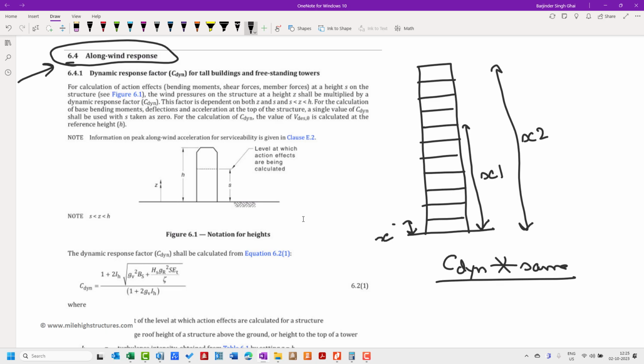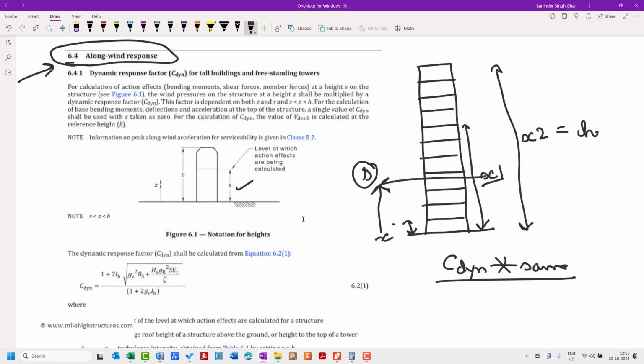It shall be different. So first thing that you need to understand is that the code gives us two variables. This x2 is named as h, and this x1 or x is named as s. So the first question that comes to mind is what exactly is meant by the s.